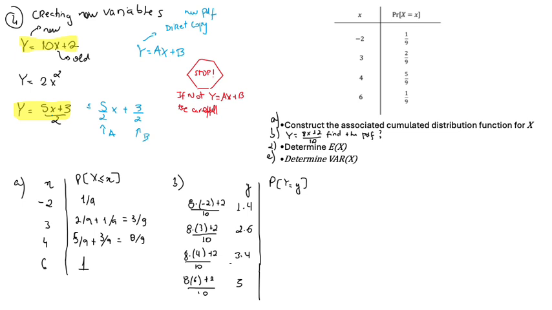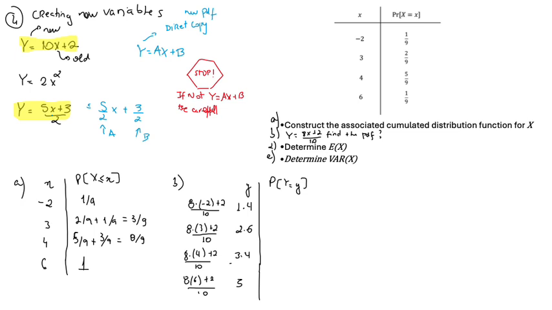What's the value when x is 4? Evaluate the formula when x is 4. This is 32 plus 2, 34 over 10. This is 3.4.